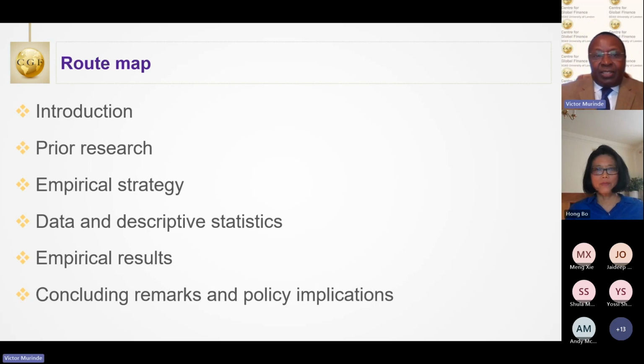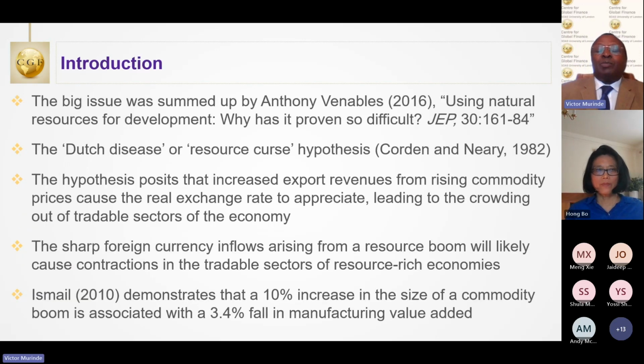But in terms of the substance of the presentation, most of the issues presented here are not new, and have been running in the literature for quite a number of years.